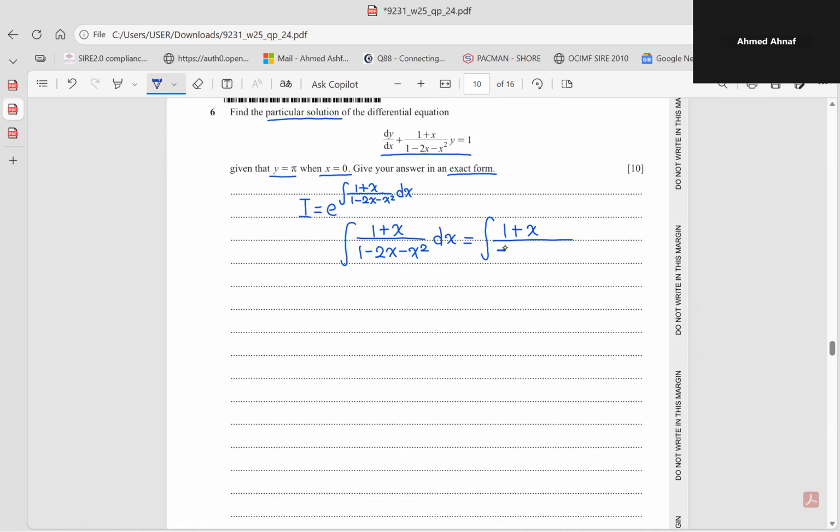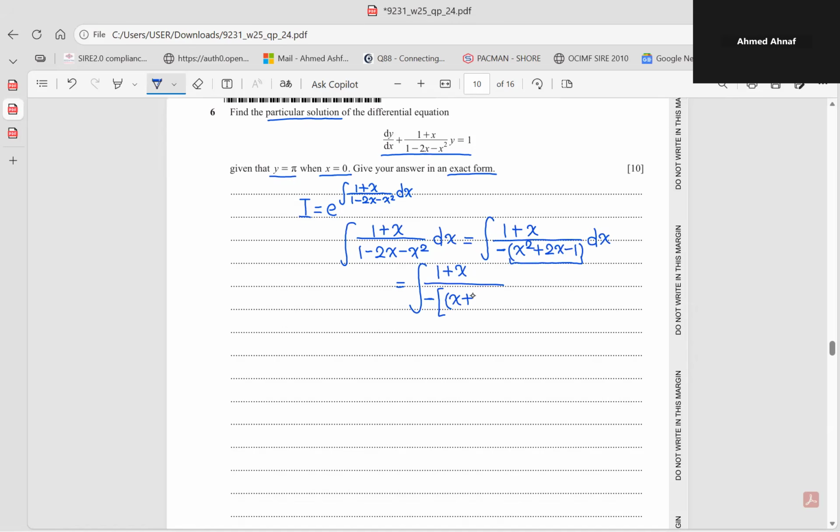So let's factor out -1. So it's the integral of (1 plus x) over -1 times (x squared plus 2x minus 1) dx. Now let's complete the square. Make sure the coefficient of x squared is 1, which it is.